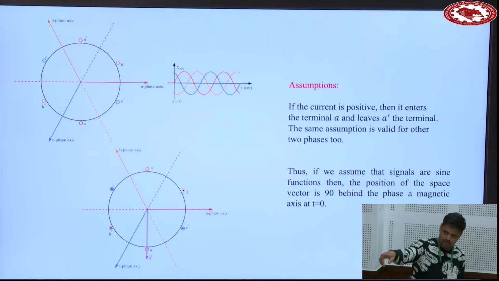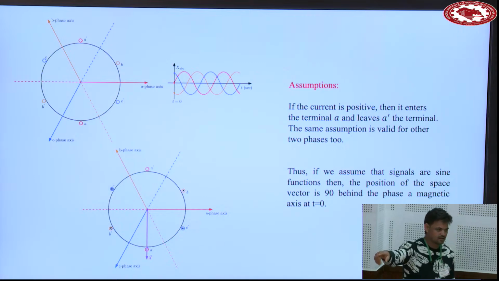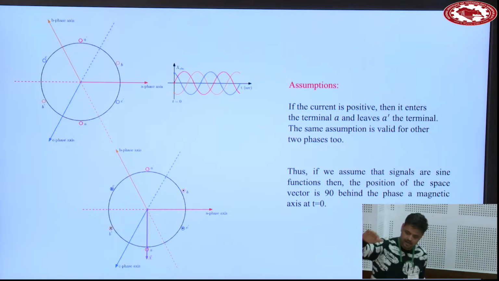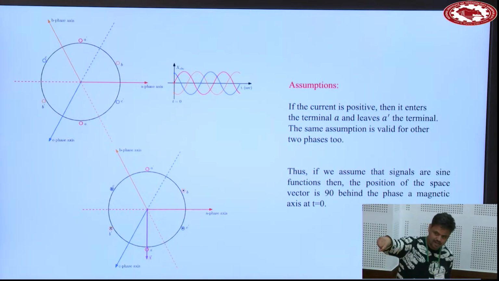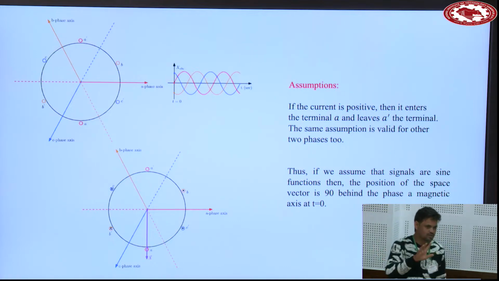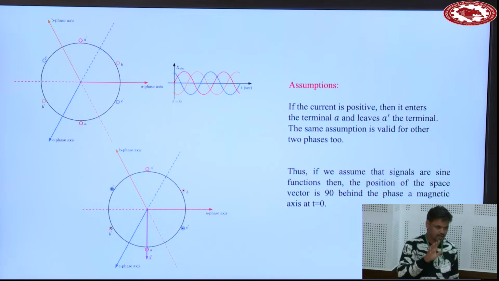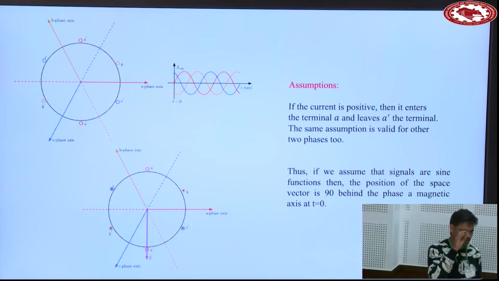So the cross and dot are made according to that. If you apply the right hand rule, you will find this rotating vector position is just 90 degrees from the A phase, and it is behind. So at t equal to 0, the position of the rotating vector is 90 degrees behind the A phase.